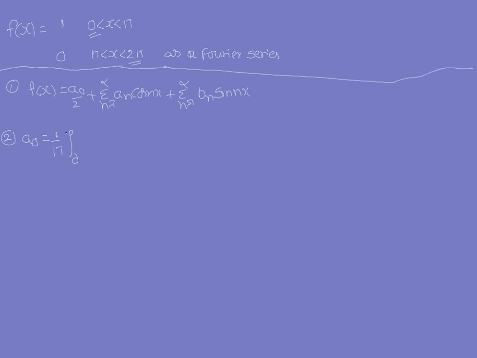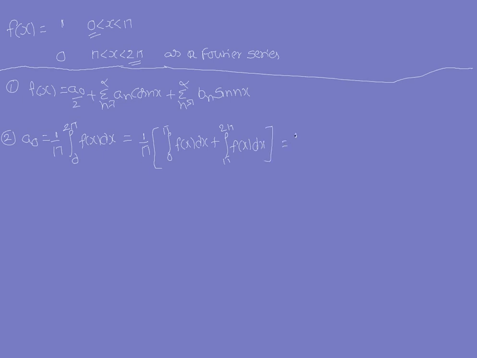Okay, so (1/π) ∫ from 0 to 2π of f(x) dx. But this integral you can split into the sum of two integrals: (1/π) times [∫ from 0 to π of f(x) dx plus ∫ from π to 2π of f(x) dx].